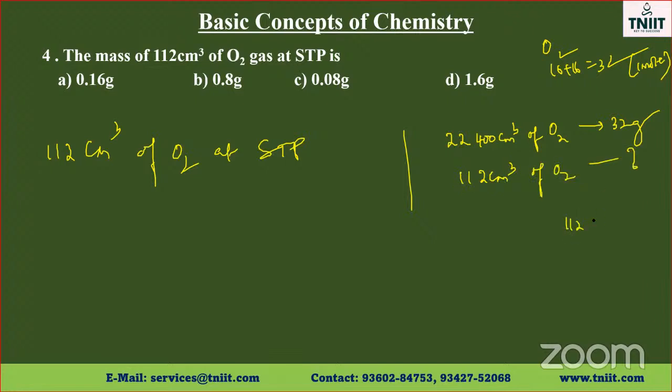So it will be 112 into 32 divided by 22,400. You can simplify this. Let me check.